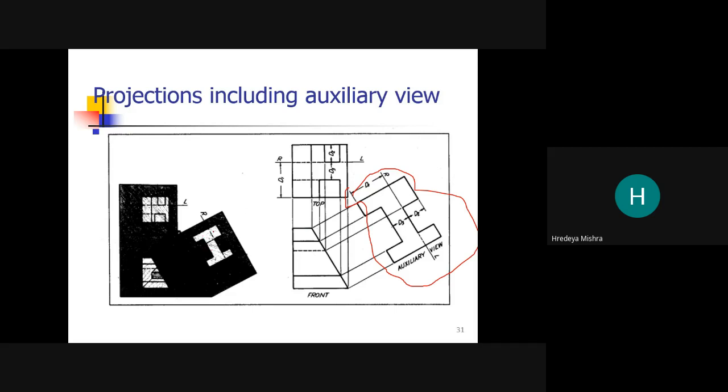This eye-shaped slot is cut here. So it is not properly dimensioned in the top view or the front view. So we need an auxiliary view to observe the true size and shape of the slot.